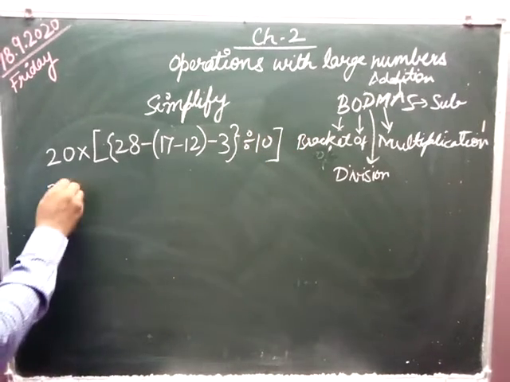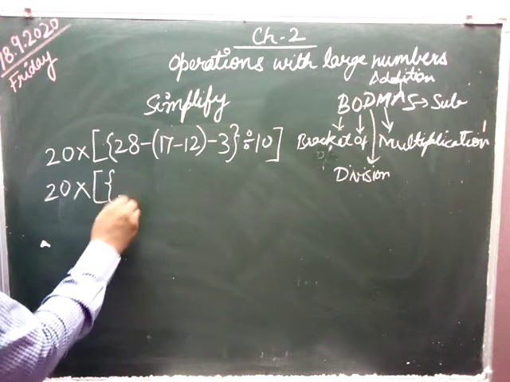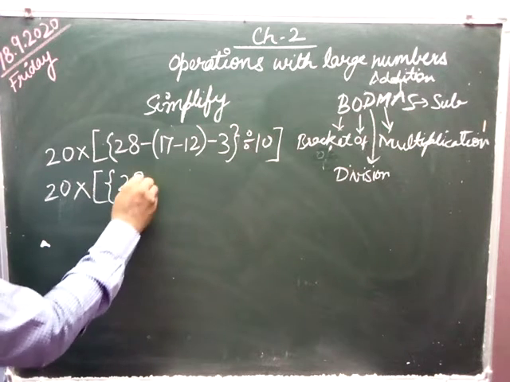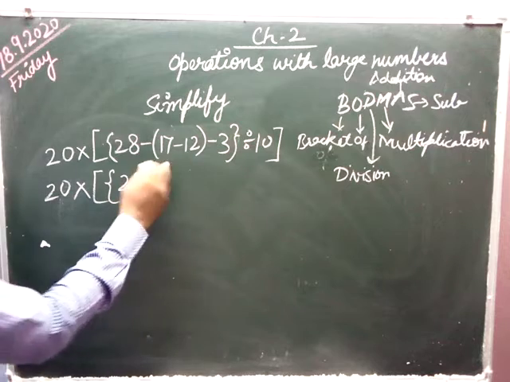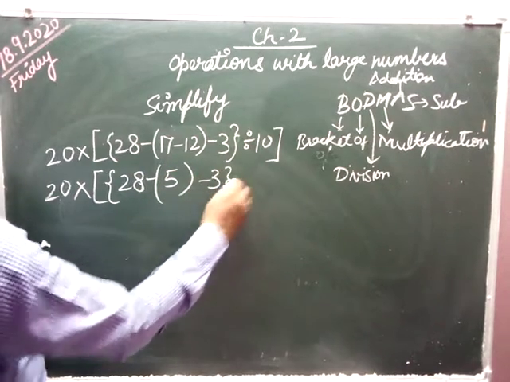So first we have to remove the inner bracket. 17 minus 12 is 5, so the bracket will be 5 minus 3.